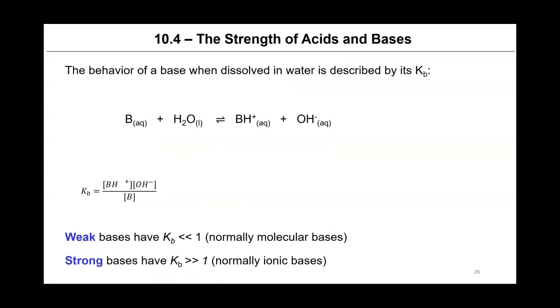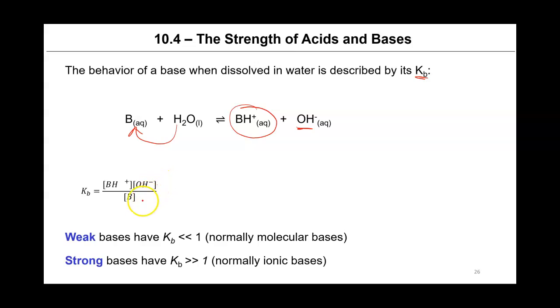When a base is dissolved in water, the water will function as an acid, generating the conjugate acid of our base and the hydroxide anion. And this can also be characterized by an equilibrium constant, which we're going to call Kb because it's a base. And the same thing applies for Kb.